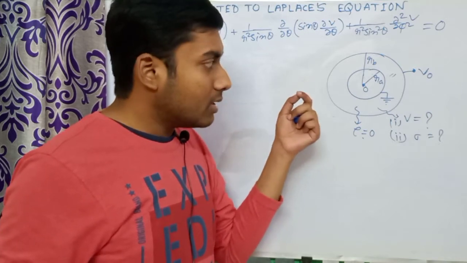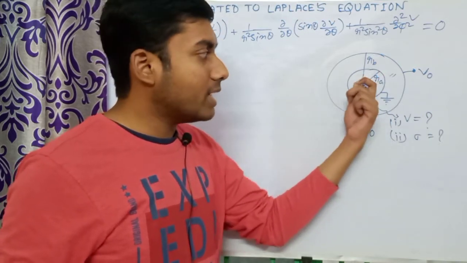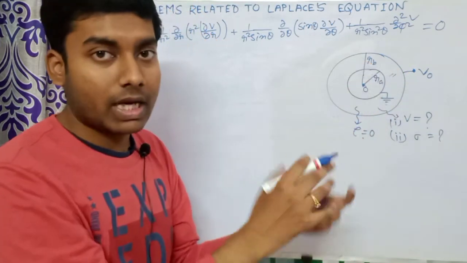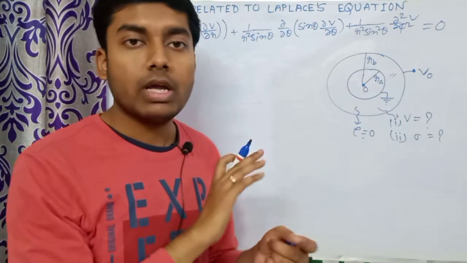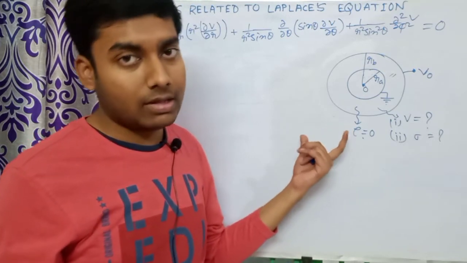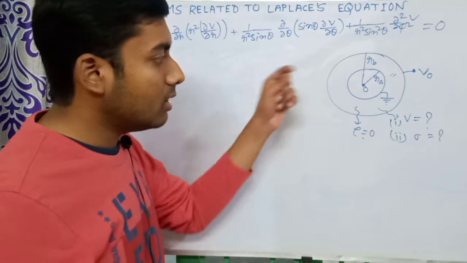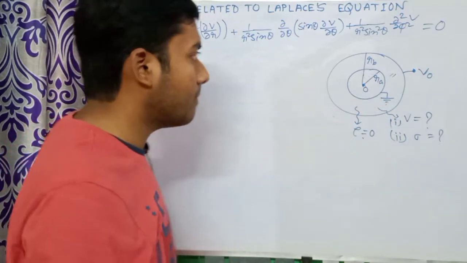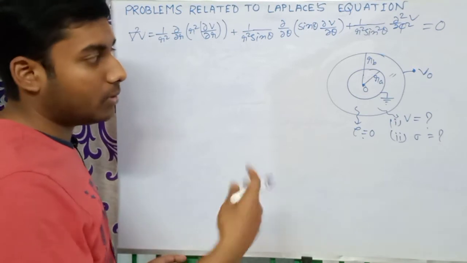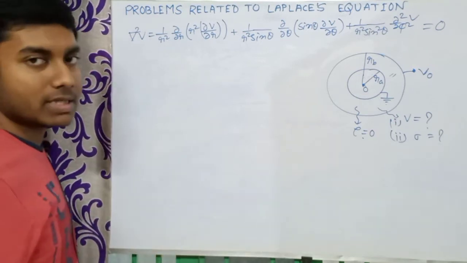So the potential is varying only with radius: for different values of radial distance, the potential will be different. Now we have to find how the potential varies with the radial distance.